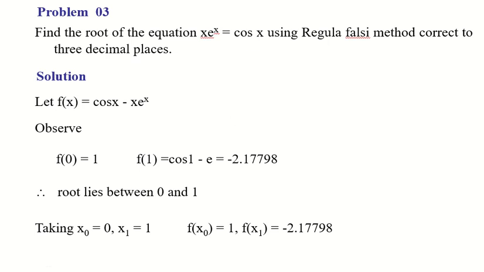Find the root of the equation x e power x is equal to cos x by Regula Falsi method, correct to 3 decimal places. Here you can observe it is not an algebraic equation, it is a transcendental equation and also contains trigonometric functions.